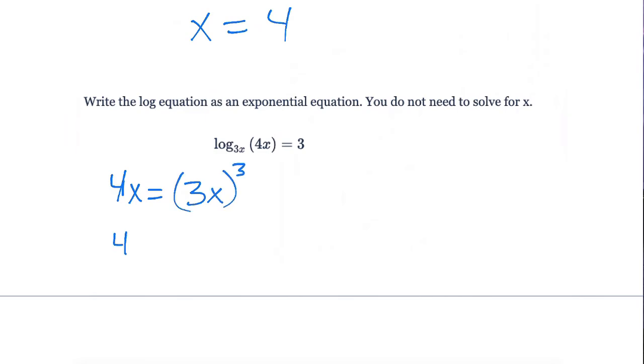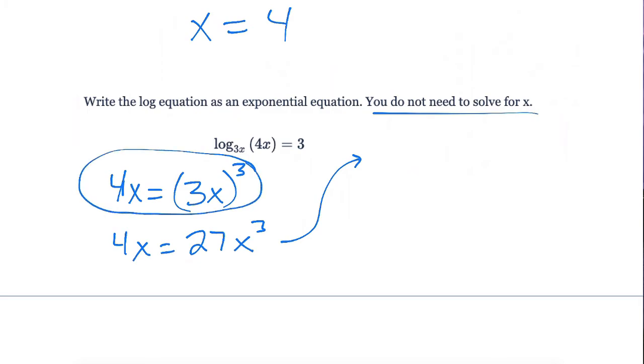Well, that means 4x is equal to 27x cubed. And now we could solve this. This one says you just need to write it, but let's say you had to solve it.